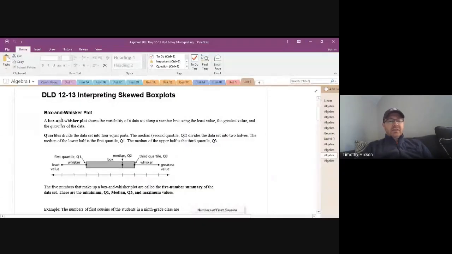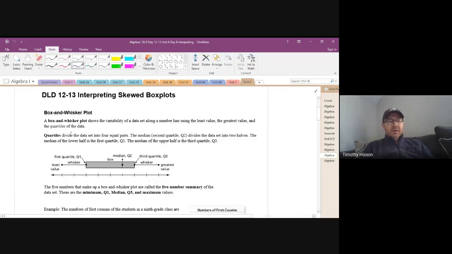As we are looking at the box and whisker plot, or box plot, let's just real quickly review how these are constructed. Remember that our box and whisker plot shows the variability of data along a number line. We use the least value, the minimum, and the greatest value, the maximum.